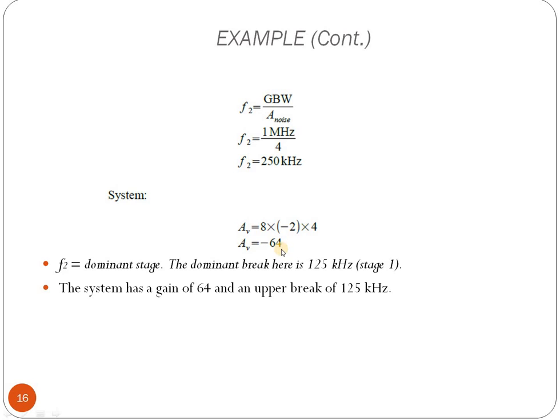And we need to find the upper break frequency of the system. We need to see the lowest break frequency, and that is in the first stage, which was 125. So this is the dominant one, and the break frequency value is 125. That is the result of the system.